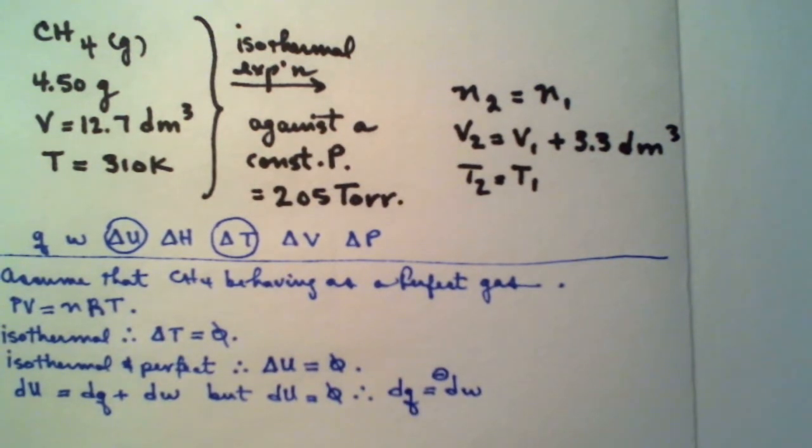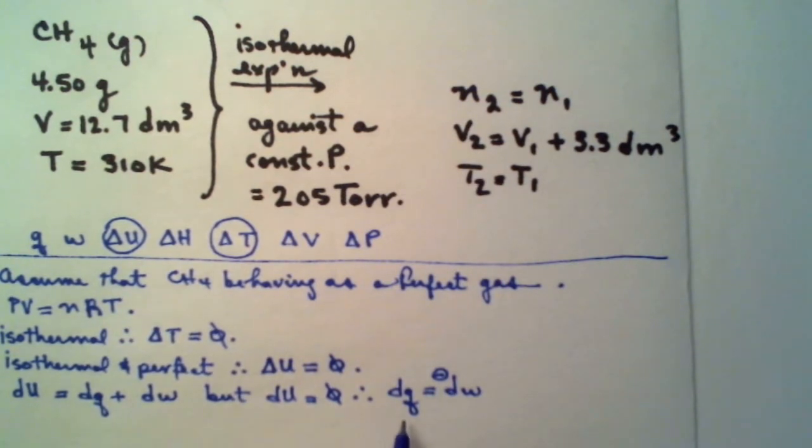If there's no change in internal energy of the gas and no change in temperature, but yet it's doing work and therefore energy is leaving the system as work, an equivalent amount of energy must be entering the system as heat. So when I find one, I'll have found the other.